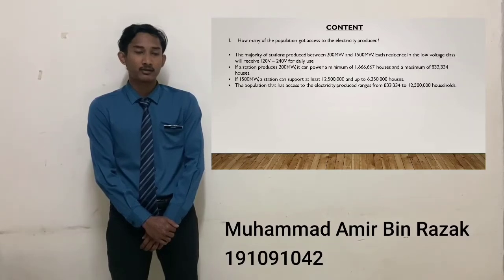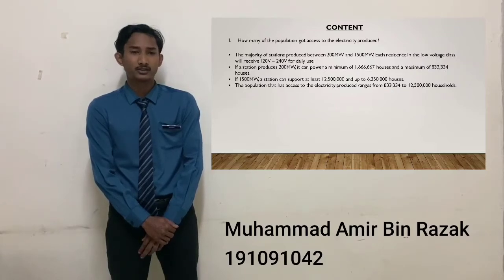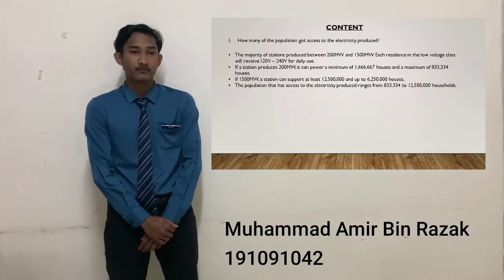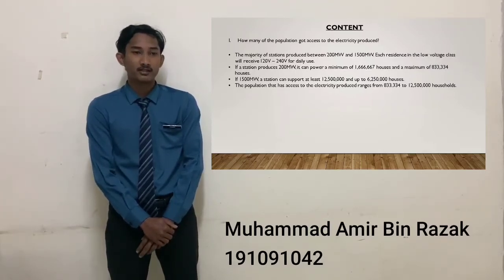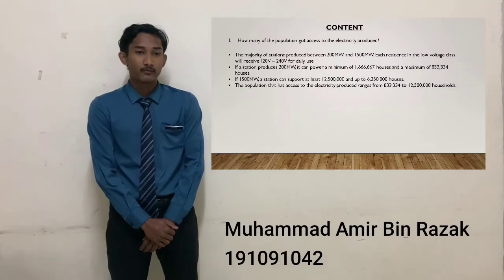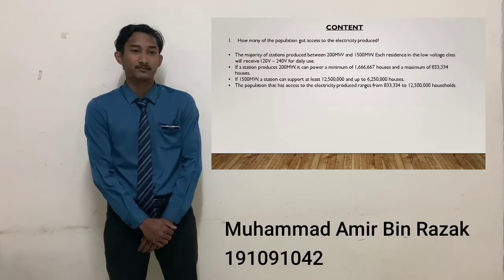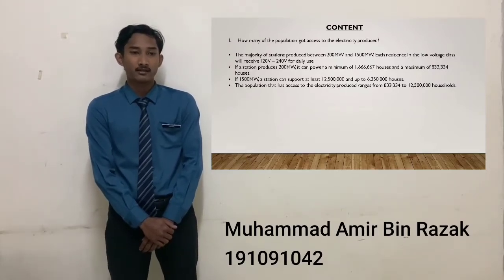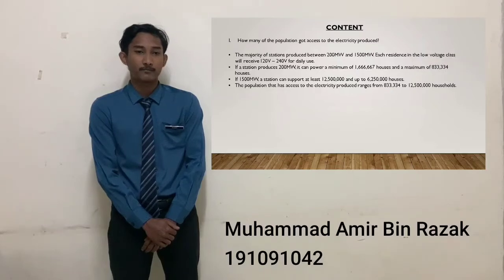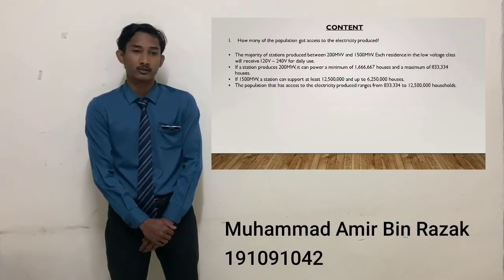If a station produces 200 megawatts, it can power a minimum of almost 1.6 million houses and a maximum of 83334 houses. If 1500 megawatts, a station can support at least 12.5 million and up to 6.2 million houses. The population that has access to electricity produced ranges from 833,334 to 1.2 million households.